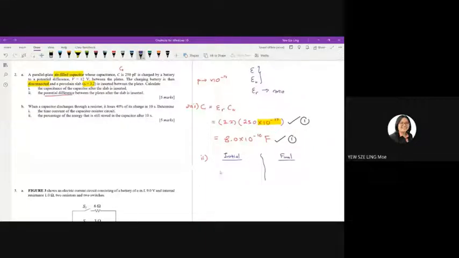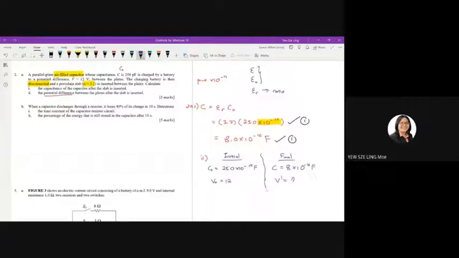Before you insert the dielectric, C naught is equal to 250 times 10 to the power of negative 12 farad. After you insert the dielectric, C is equal to 8 times 10 to the power of negative 10 farad. Before you insert the dielectric, V0 is 12. After you insert the dielectric, V is an unknown value.